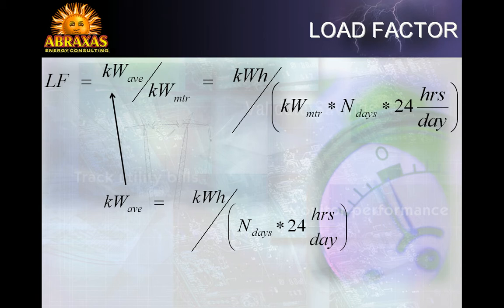The other part of the load factor equation is meter demand, or peak demand for the billing period. Meter demand is the maximum demand measured at the meter, which had at least a 15-minute duration during the billing period. Our final load factor equation is total kilowatt hours divided by meter demand times number of days times 24 hours per day.